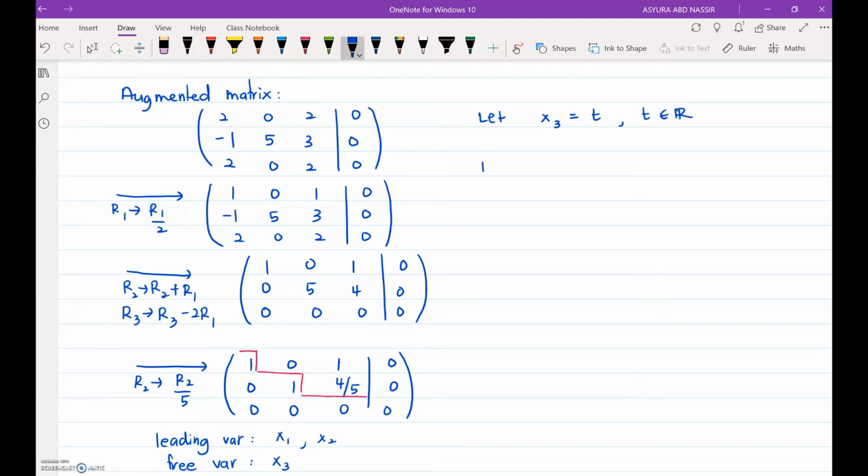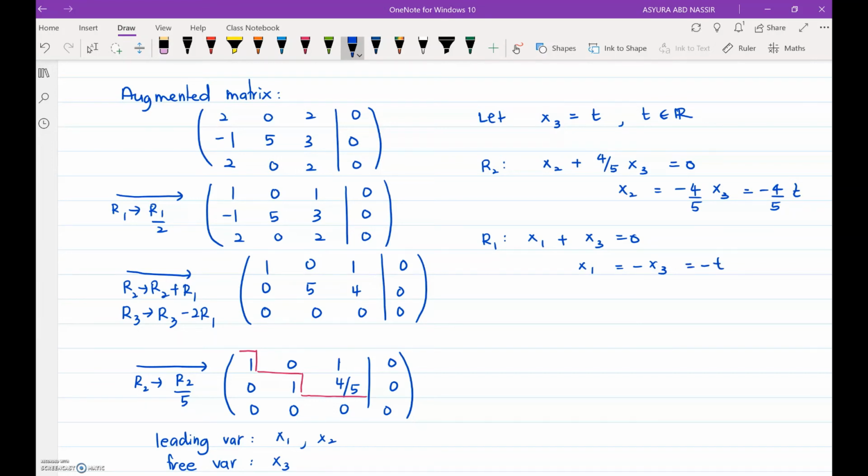For row 2, you will have x2 plus 4 over 5 x3 equals 0. So x2 is negative 4 over 5 x3, which means x2 is negative 4 over 5 t. Next for row 1, we will have x1 plus x3 equals 0. So x1 is negative x3, which means we get negative t.